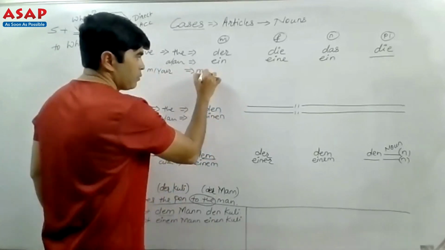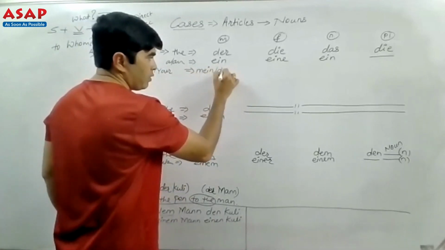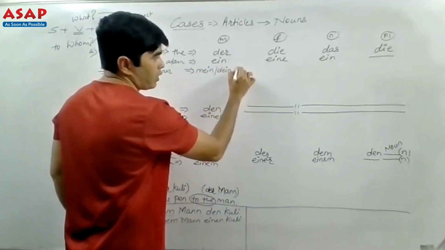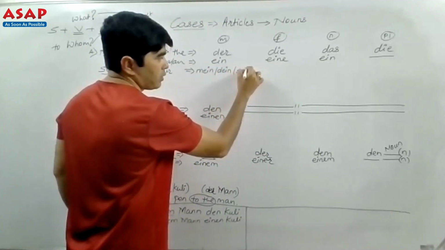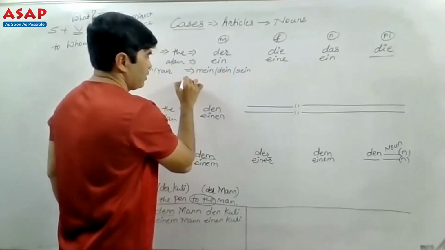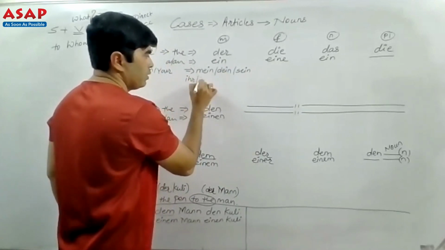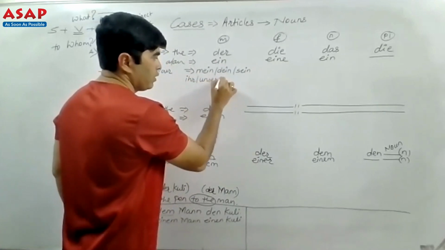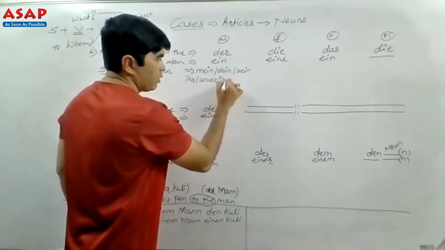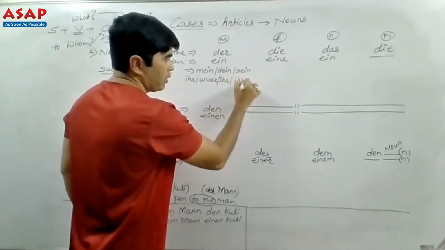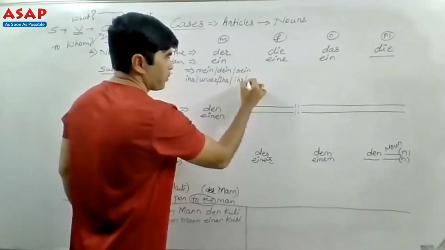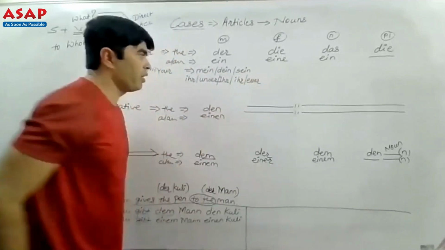So it is mein, dein, sein, then ihr, unser, or ihr, euer. Euer also, E-U-E-R.